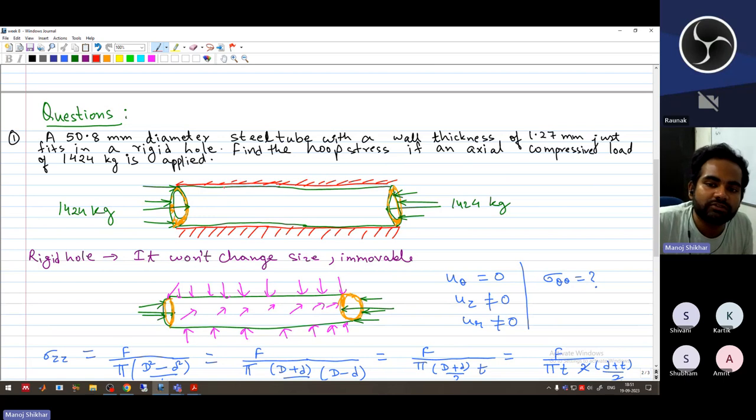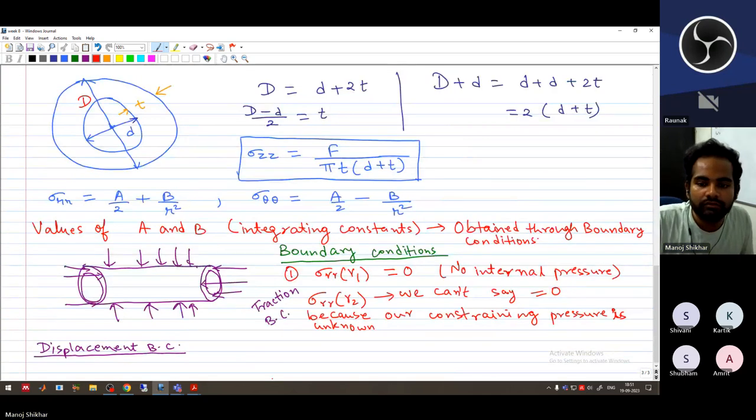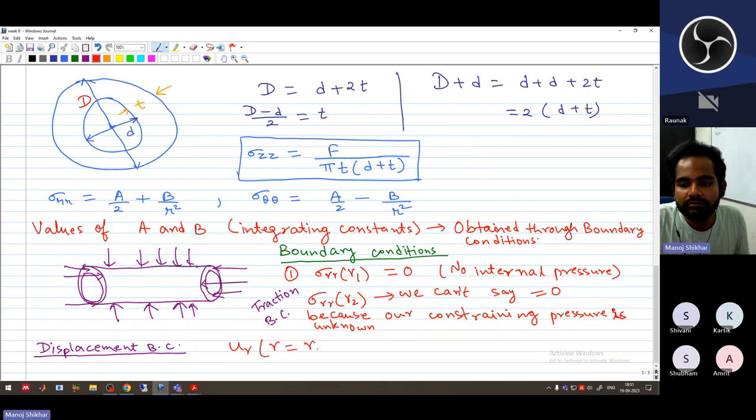So these 2 points are at the same point, and when our body will deform, this point cannot go up. So the radial displacement at r equal to R2 will be 0.